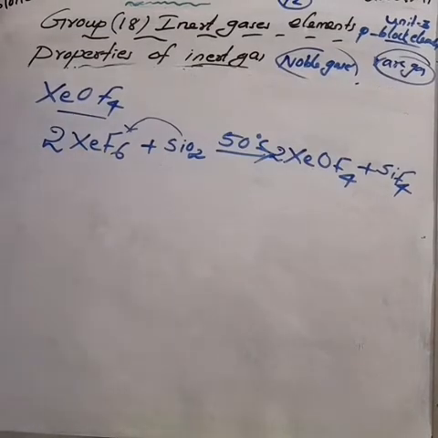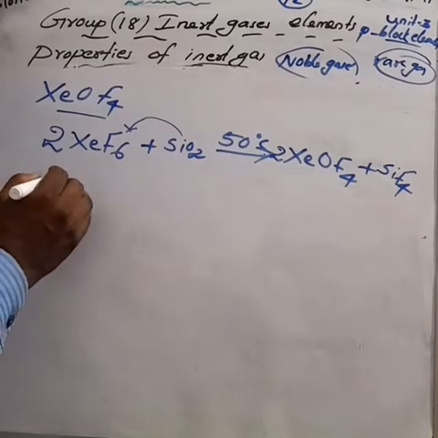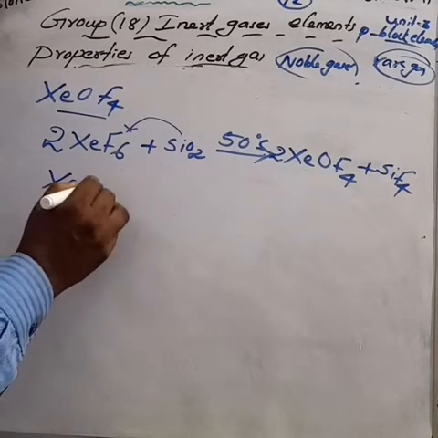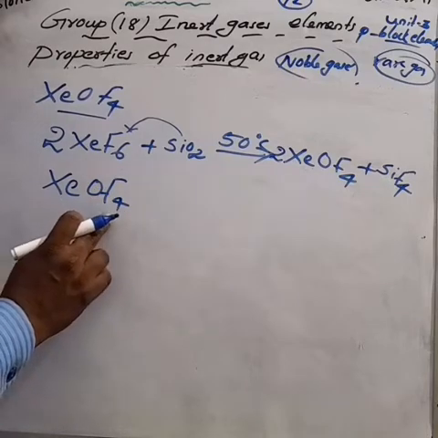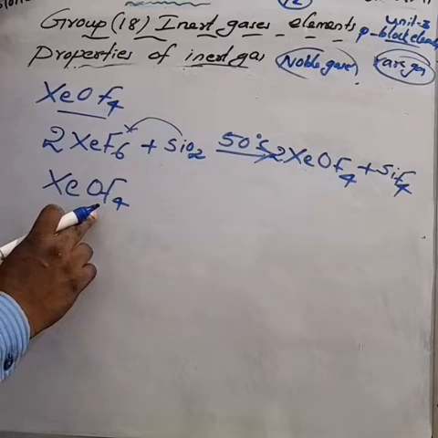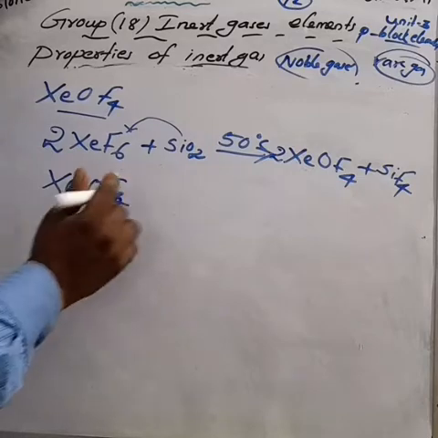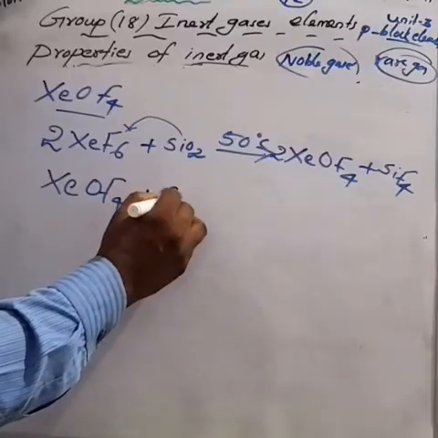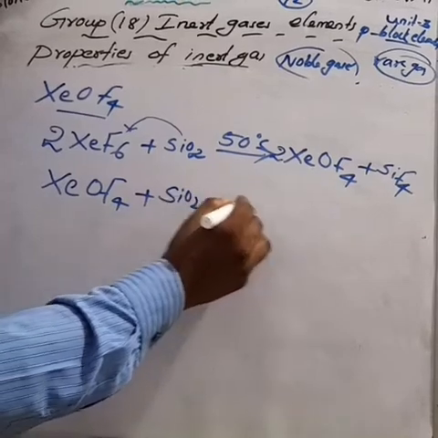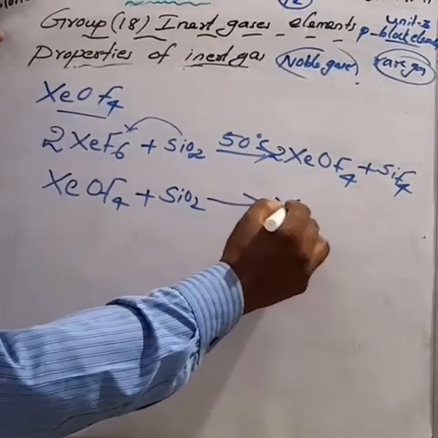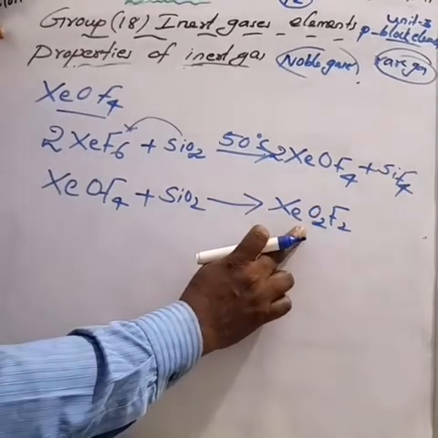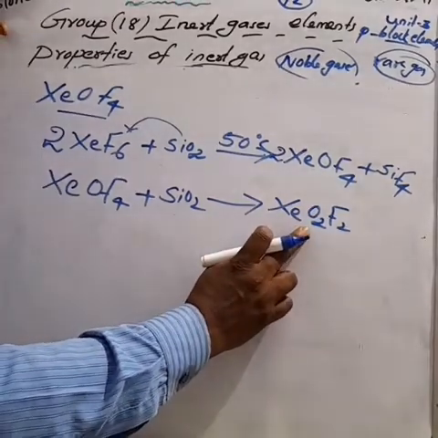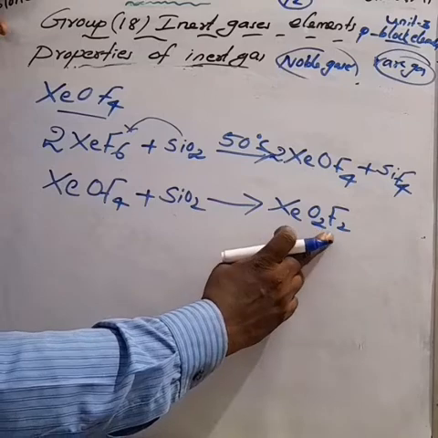How does xenon oxyfluoride react with silica? What is the formula of xenon oxyfluoride? XeOF4. This xenon oxyfluoride reacts with silica, that is SiO2, and we get XeO2F2, that is xenon dioxide difluoride.